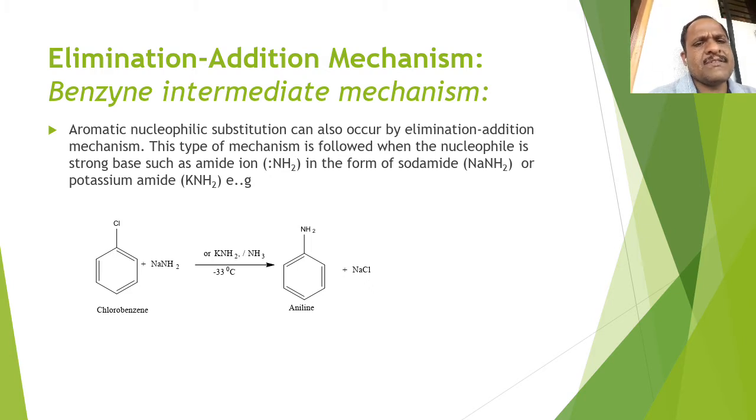In any reaction where NH2 minus or sodamide is used as a base, a benzyne type of reaction takes place. So chlorobenzene, when it reacts with sodamide or potassium amide at minus 33 degrees Celsius, gives aniline.